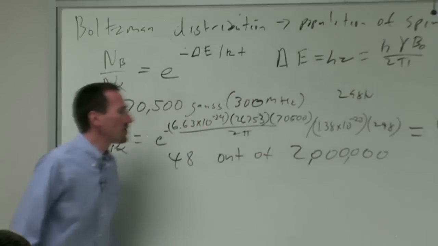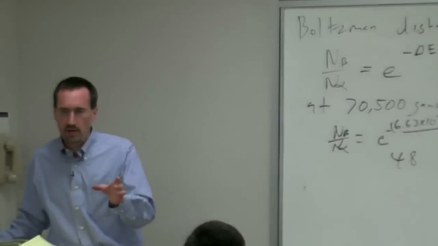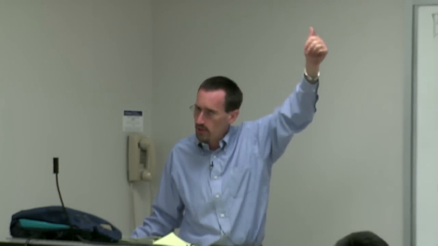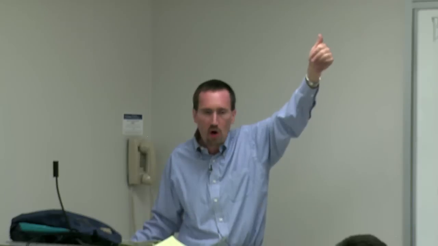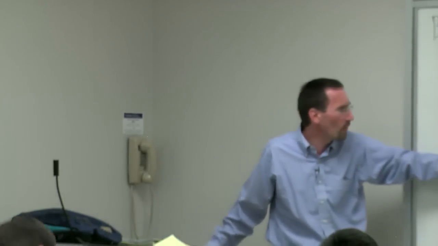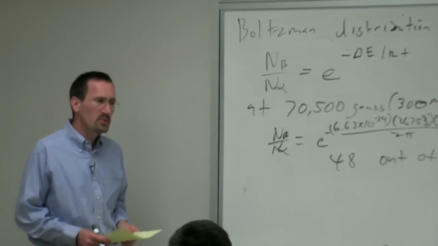So where all of your carbonyls are available to absorb a photon, remember, when you apply a photon, it can either kick a nucleus up from the alpha state to the beta state, or down from the beta state to the alpha state. So it's only that differential population, only that 48 out of 2 million, that are available to absorb.